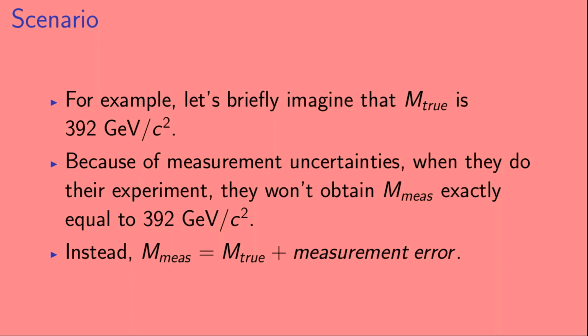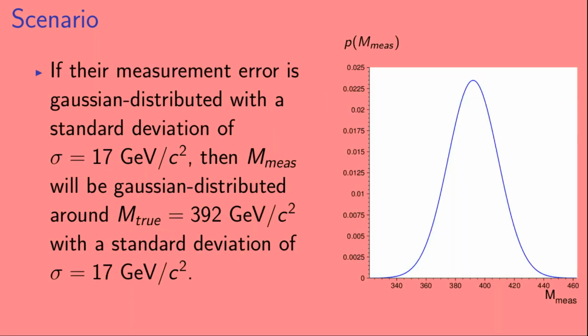Instead, m measured is equal to m true plus the measurement error. If their measurement error is Gaussian distributed with a standard deviation of sigma equals 17 GeV/c², then m measured will be Gaussian distributed around m true, that's 392 GeV/c², with a standard deviation of sigma equals 17 GeV/c².